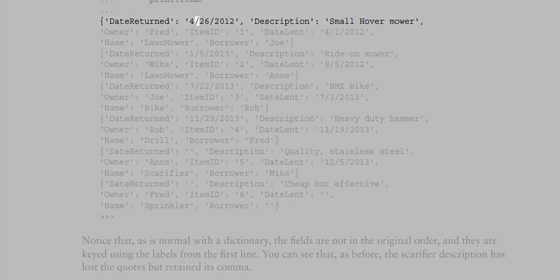Date returned, 4/26/2012, description, small hover mower, owner, Fred, item ID, 1, date length, 4/1/2012, name, lawnmower, borrower, Joe, date returned, 1/5/2013, description, ride-on mower, owner, Mike, item ID, 2, date length, 9/5/2012, name, lawnmower, borrower, and date returned, 7/22/2013, description, BMX bike, owner, Joe, item ID, 3, date length, 7/3/2013, name, bike, borrower, Rob.